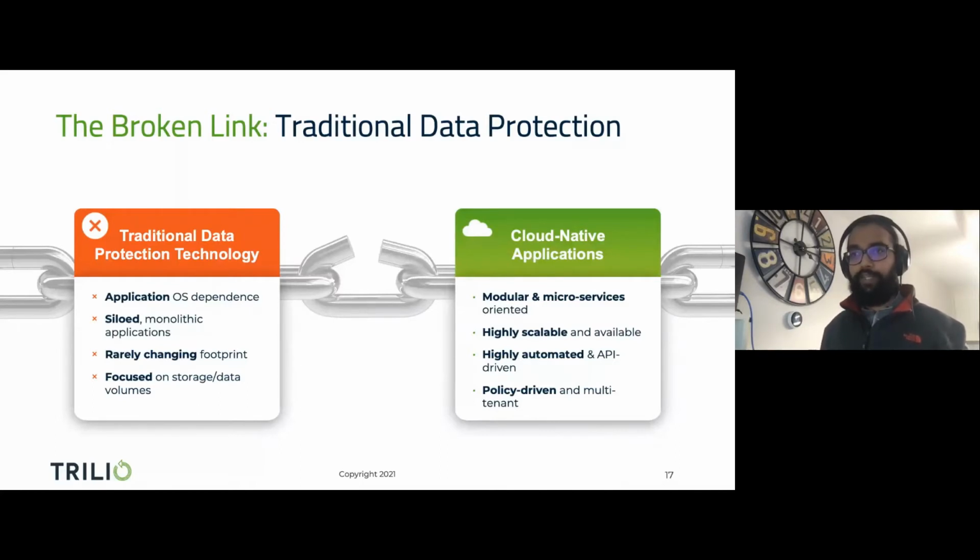They are very, very siloed, focused on monolithic applications, which do not generally change footprint. And on the other side, when we think about cloud native applications, they are highly scalable, highly available, dynamic, may change their footprint in a matter of seconds and change it back again in the matter of a few more seconds. So overall, there is a change in the architecture which the legacy solutions cannot support.